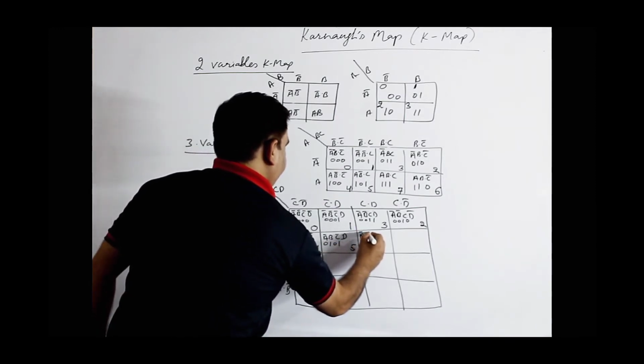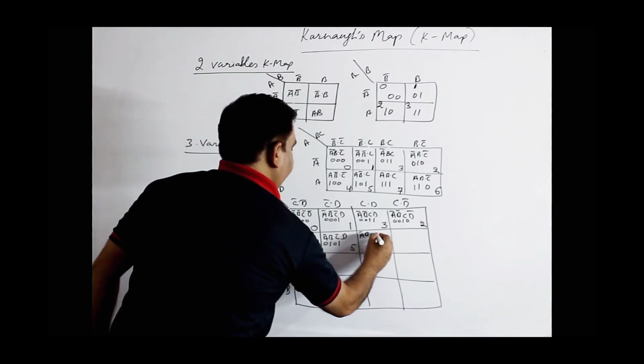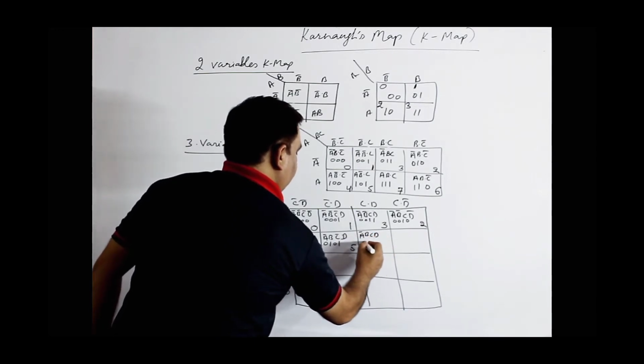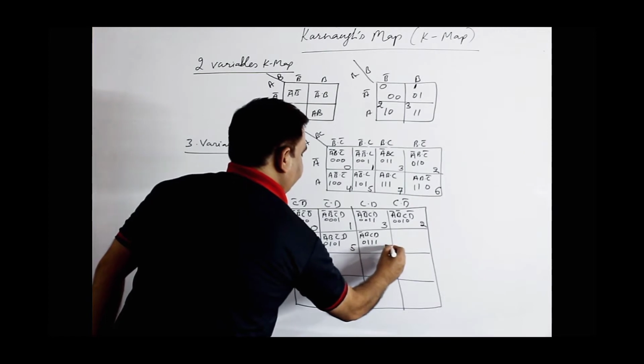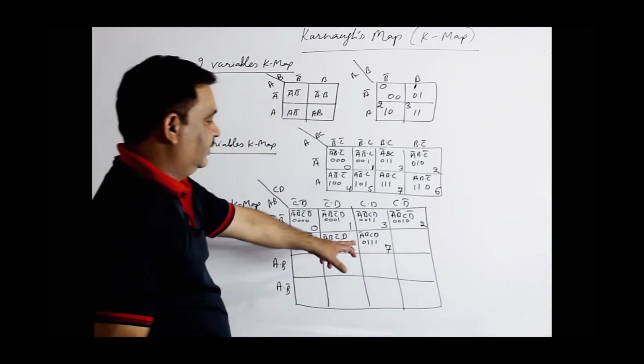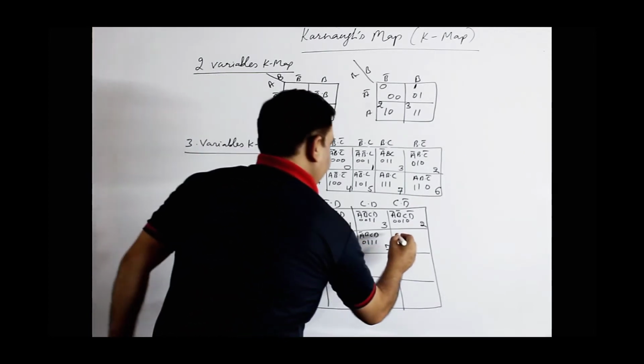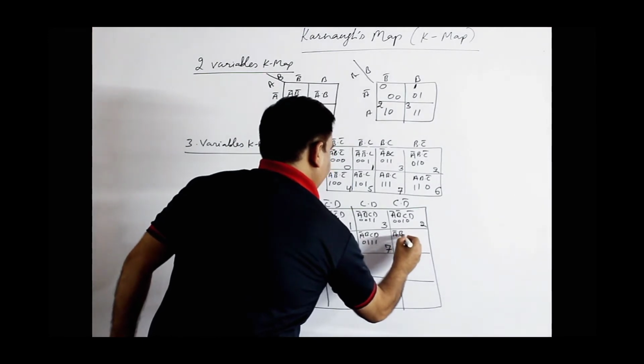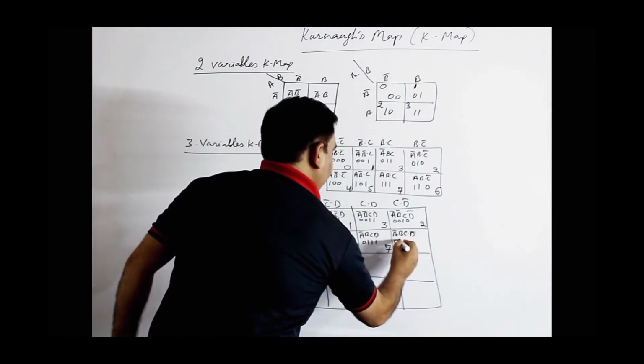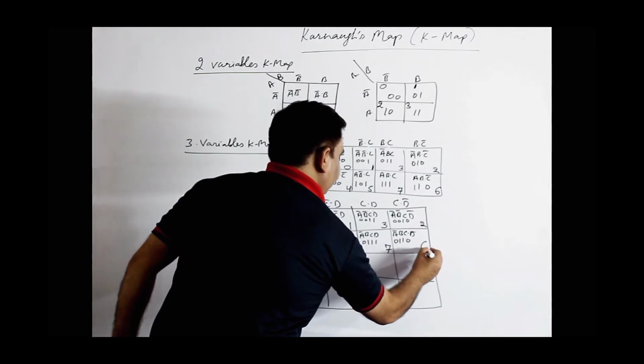A complement B, C, D. So, 0, 1, 1, 1, designation is 7, 111 is the binary. A complement B, C, D complement. So, 0, 1, 1, 0, the designation is 6.